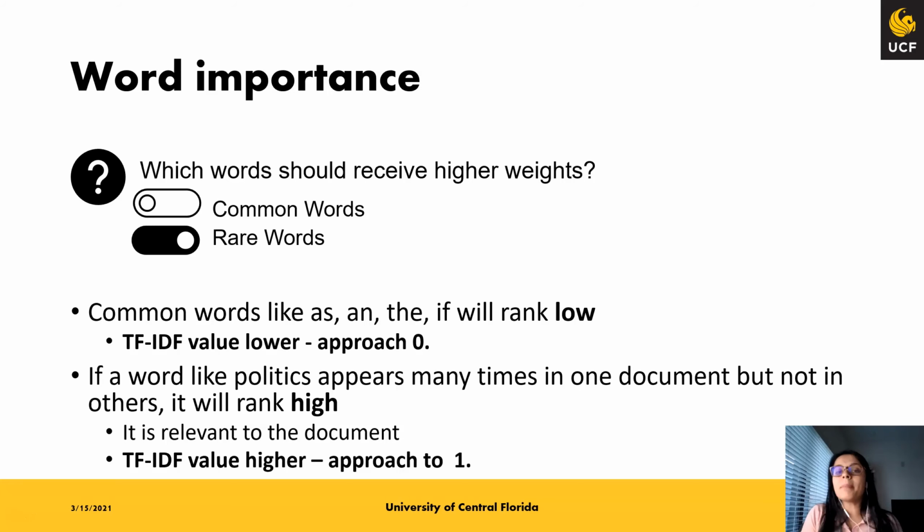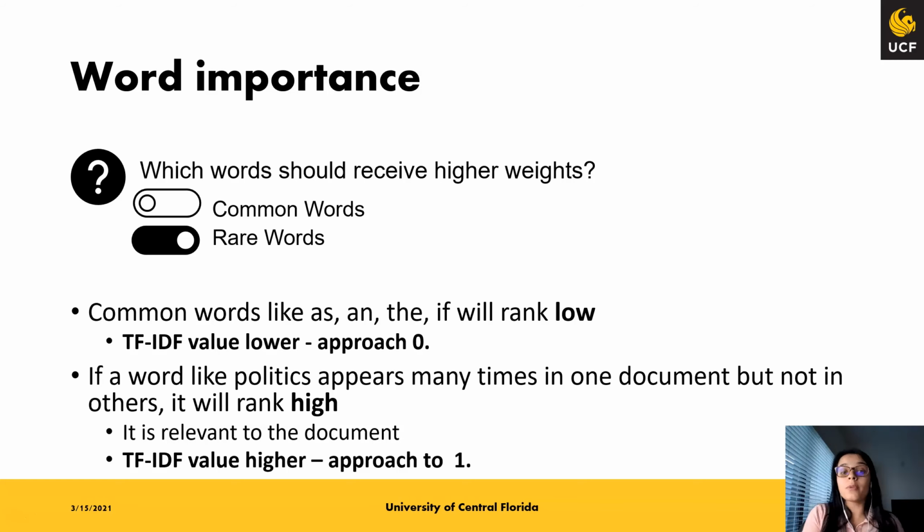If we remember the formula in the IDF part, we have the total number of comments divided by the number of comments in which that word appears. And if that word appears a lot of times, we will have a very small log. So that's why it will rank low. We're going to have a very small number that will approach 0 if the word is very common.